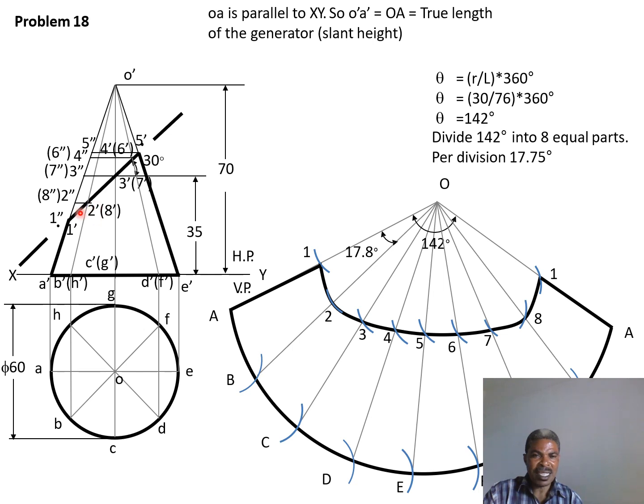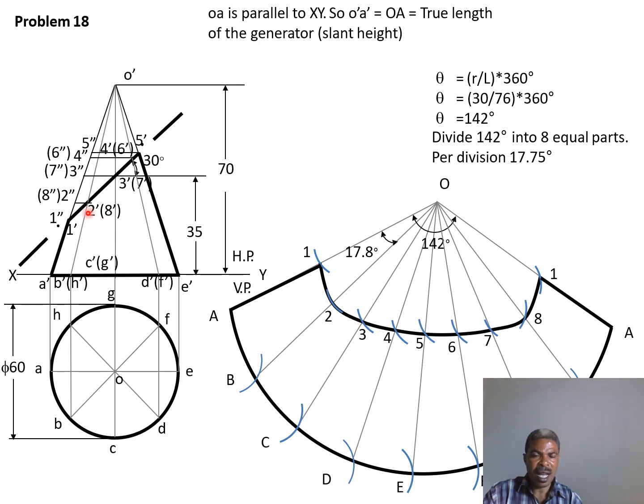But at this very point of intersection with the truncation line, it forms 2 dash and 8 dash.